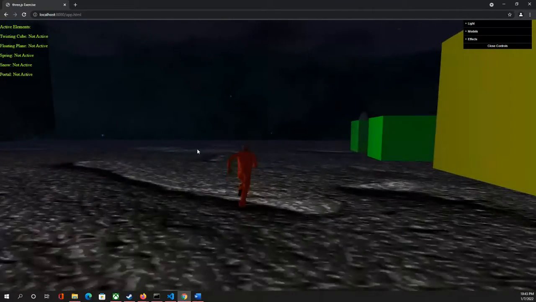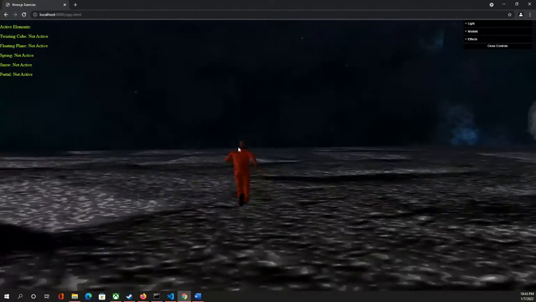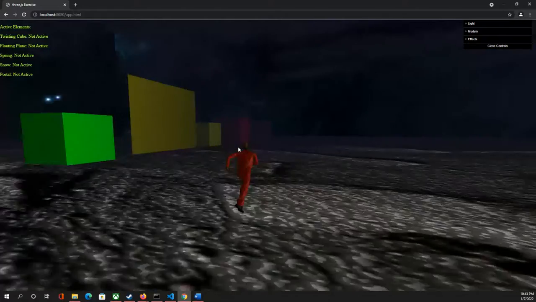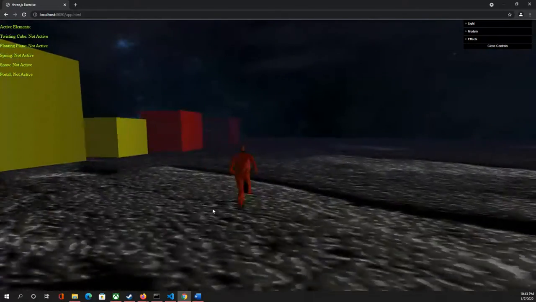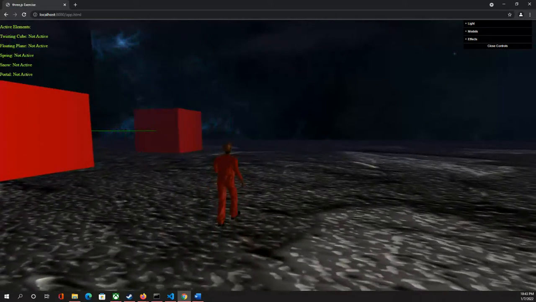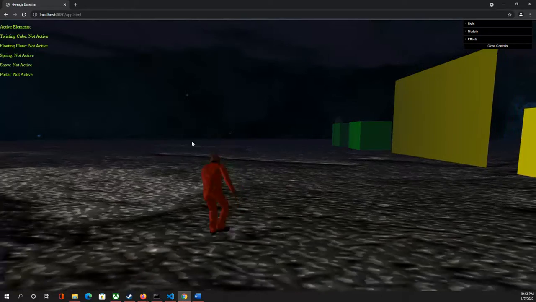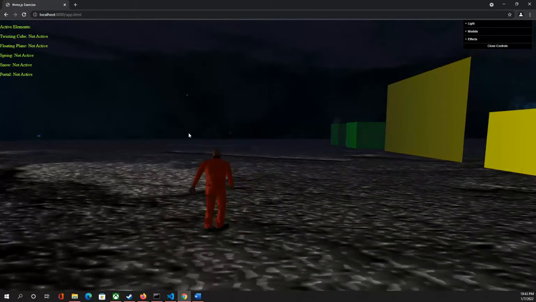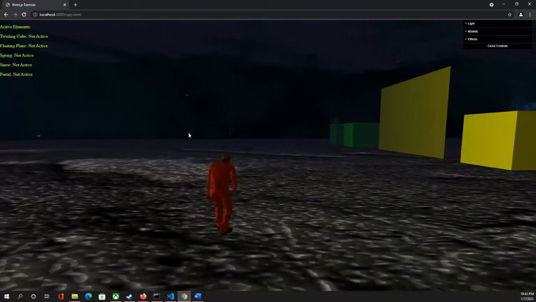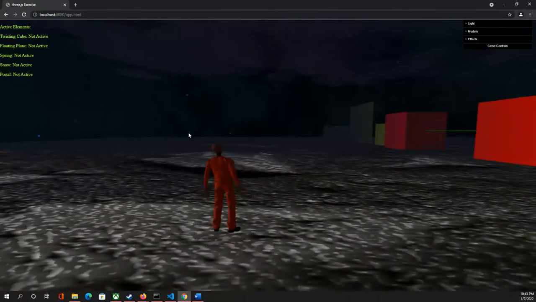In order to run, you press Shift and W, and the running animation is activated, and you're running. You're moving faster than with walking. Then there is a going backwards animation. You just press S, and if you press Shift and S, you have this running backwards animation.